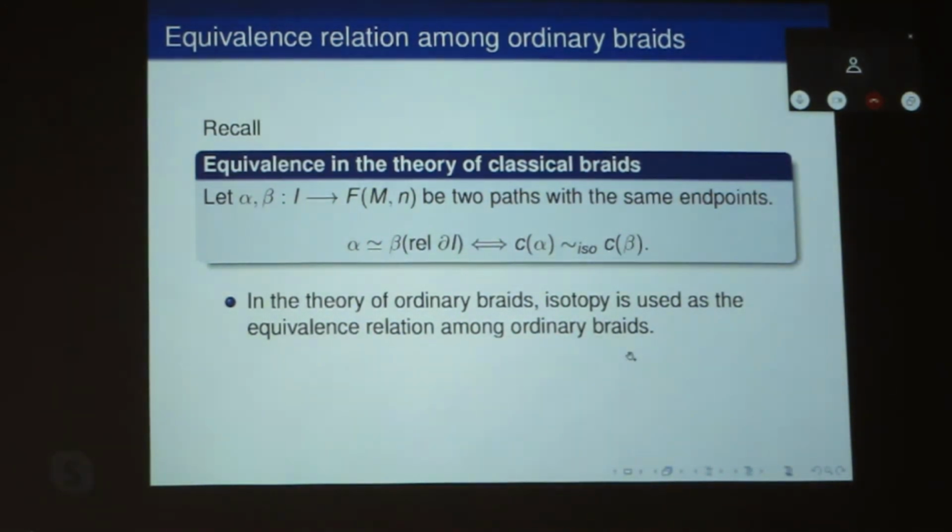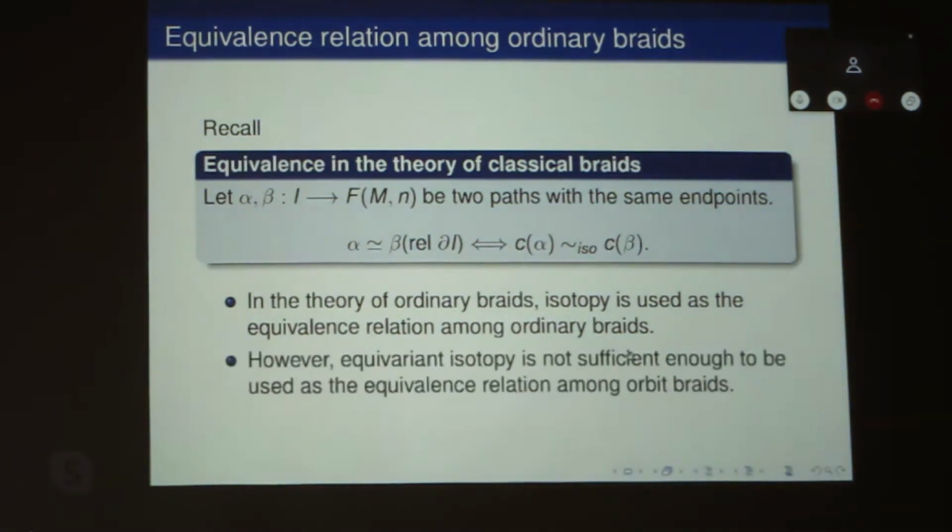But in the equivariant case, equivalence as isotopy is not sufficient to be used as the equivalence relation among the orbit braids.